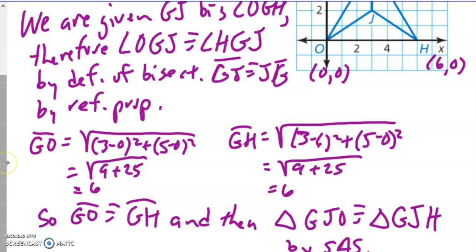Again, whenever we're trying to prove triangles are congruent, we're always looking for 3 congruent statements. So even if we're doing a coordinate proof or a paragraph proof or flow or 2-column, we're always looking for 3 congruent statements. Okay.